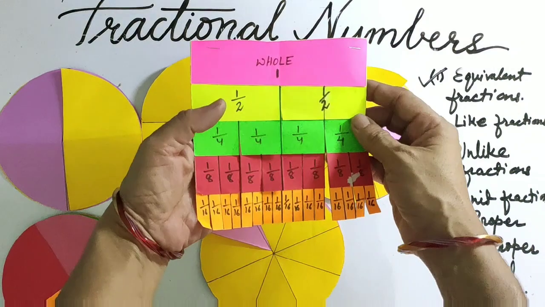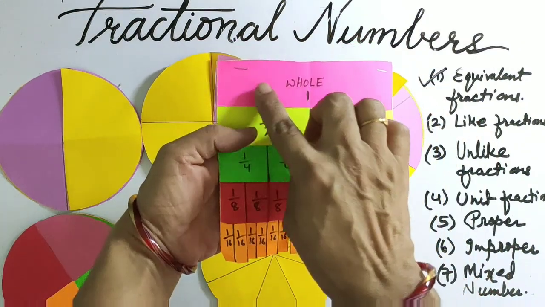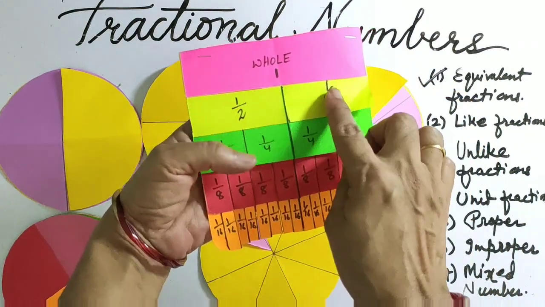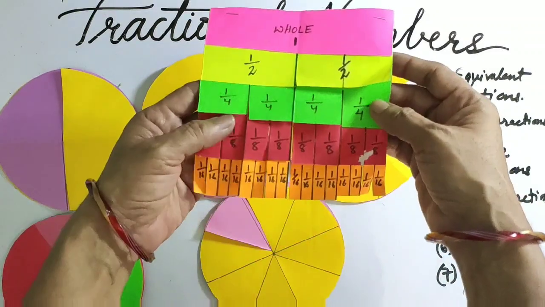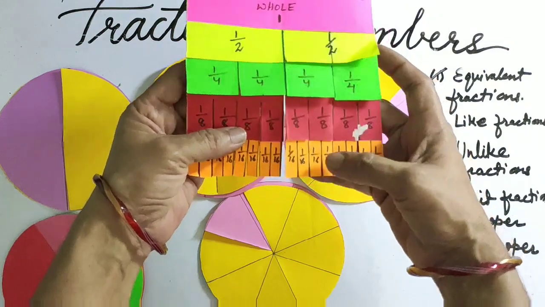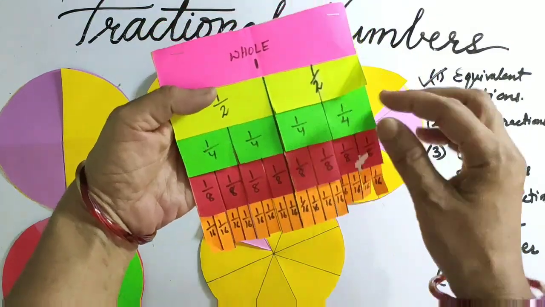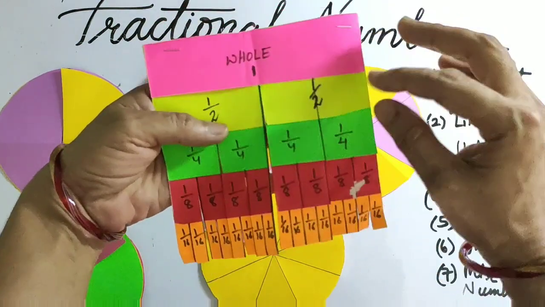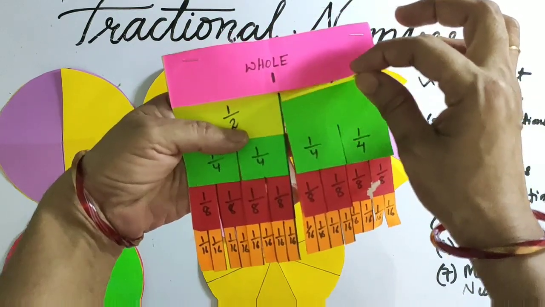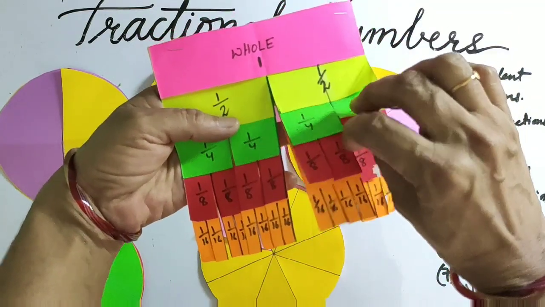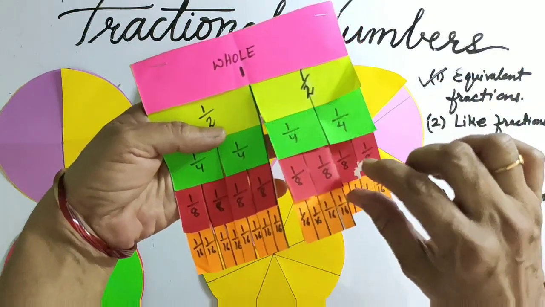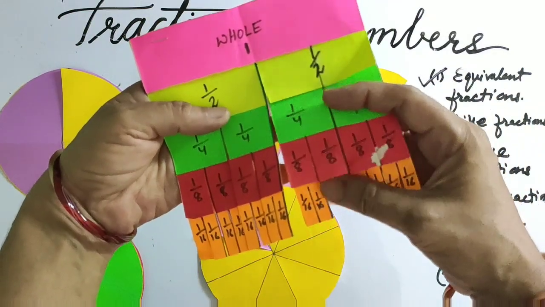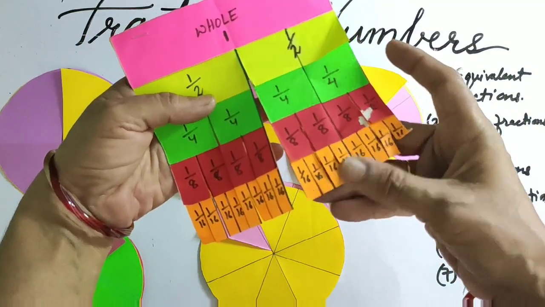See here, this model I have made. This is the whole, and this I have divided into two parts. Again, this green part is divided into four parts. This is an 8 part and this is a 16 part. So if you take this side, this is half, and when you take the green one, that is 1 by 4 plus 1 by 4 means 2 by 4, and this one is 4 by 8, and this one is 8 by 16.